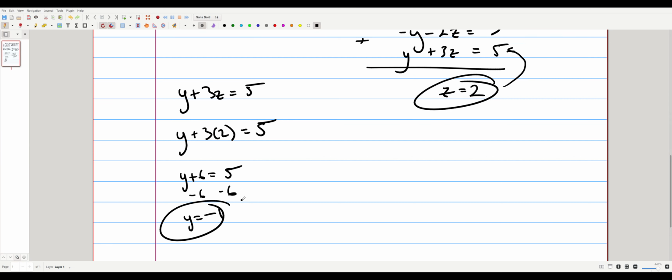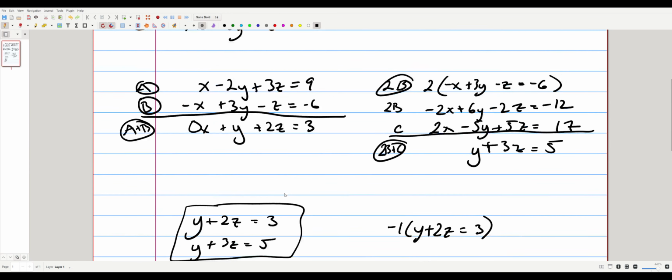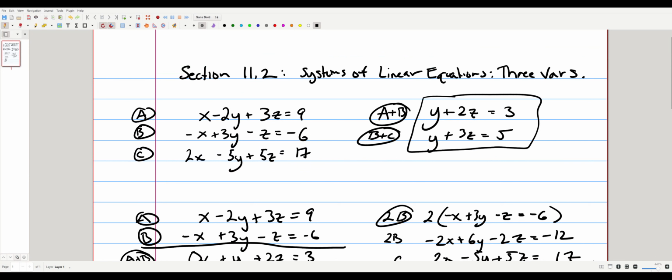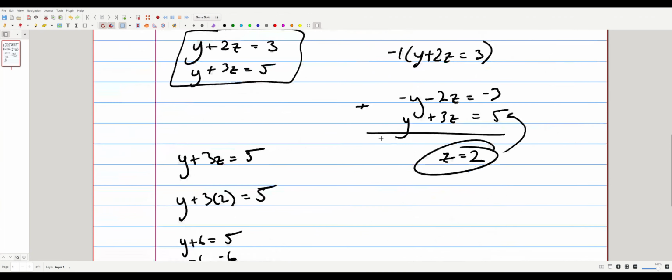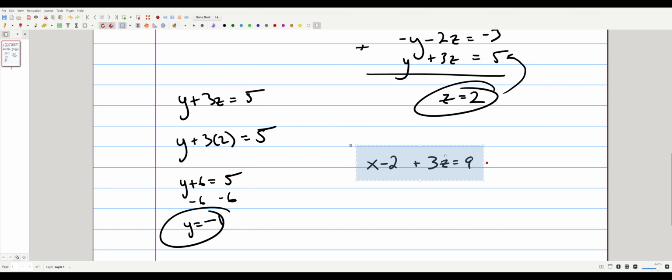So now we have y and z, and how do we find x? Well, we go all the way back to where we started, to the 3 original equations, and choose any of these. I'm just going to choose the top one for no particular reason. Scroll down, paste this here. Oh, looks like we lost the y for some reason.